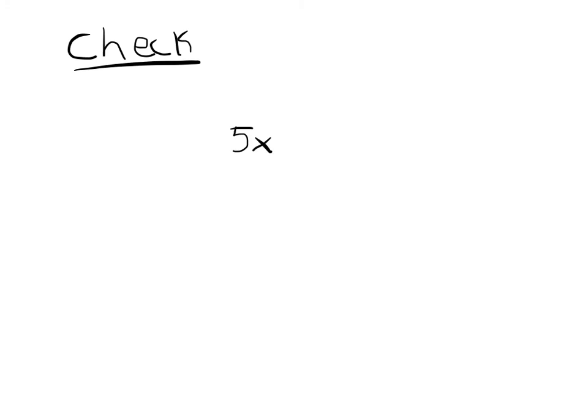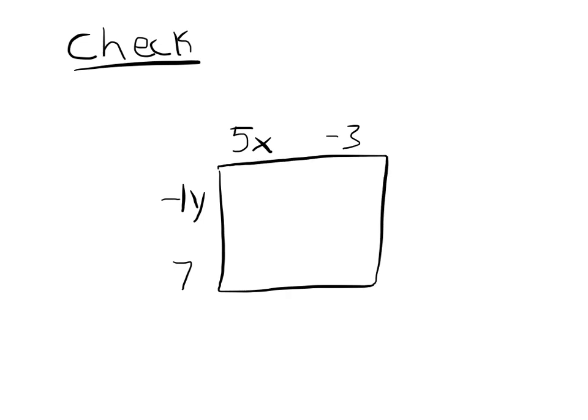And then okay, so the check is 5x, and then negative 3, and then we had negative 1y, and a positive 7. Trying to make this box a little neater than the last one. Okay, so positive 5x times a negative 1y would be negative 5xy.